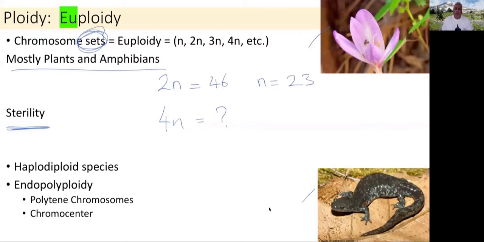As you may recall from another video lecture, we were talking about haplodiploid species. At that time, we mentioned the bee, the honeybee. There are many other species of insect that are haplodiploid. That means the male of the species is haploid, and the female of the species is diploid.